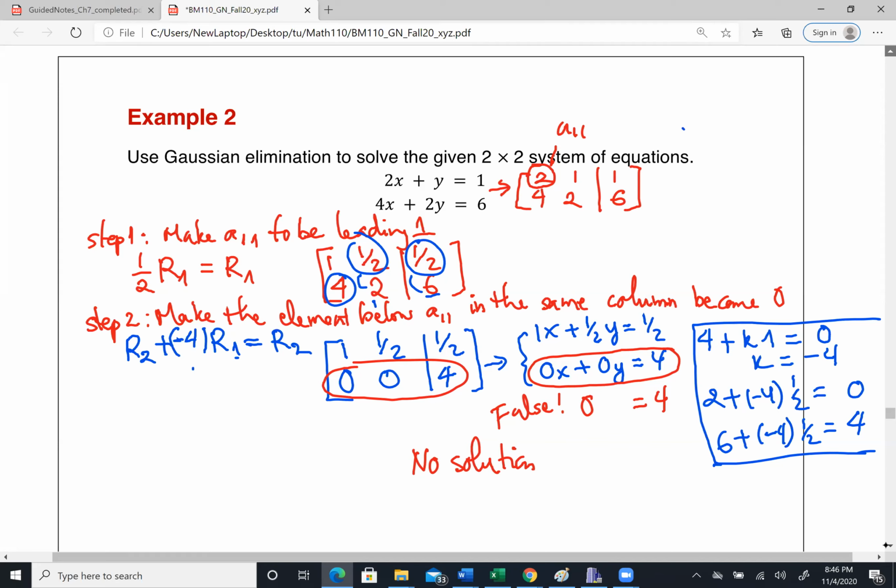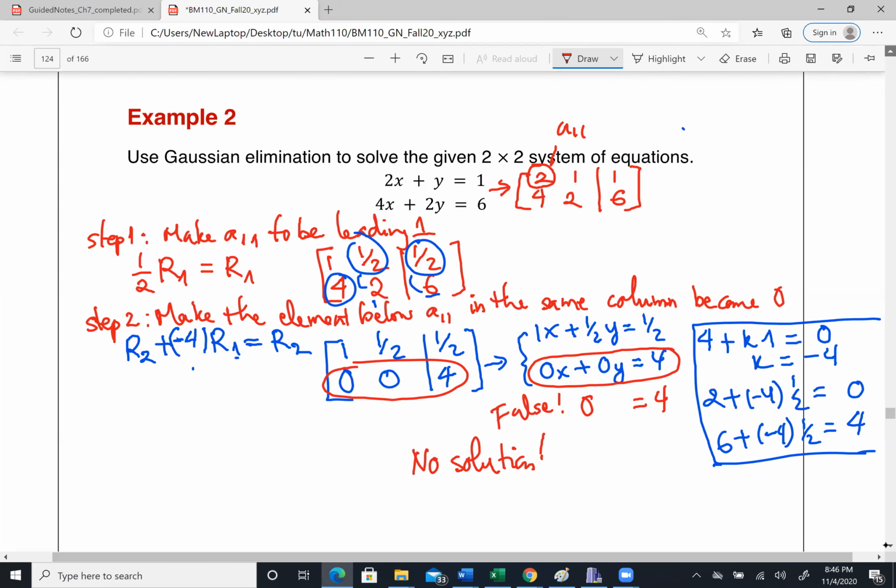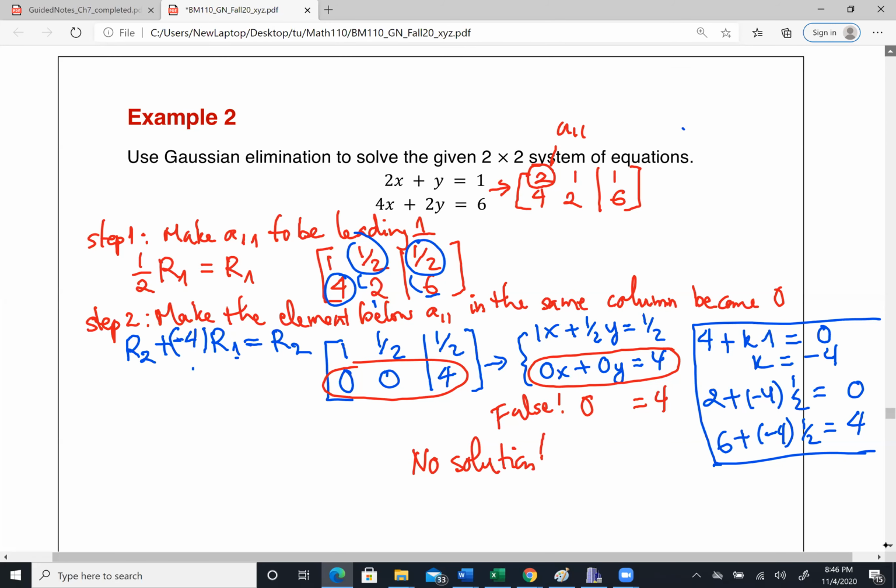If you see something like this, where the left-hand side terms on the bottom are all 0 but the right-hand side is a non-zero number, there needs to be no solution.